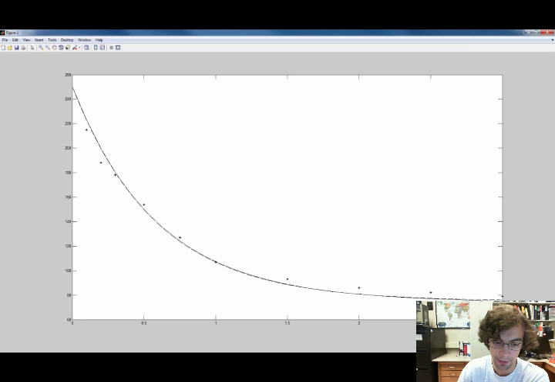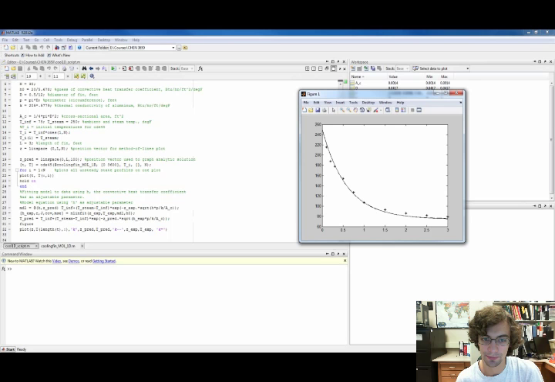I can increase the size of this, and you should be able to see that there's a solid line and a dashed line. The dashed line is the analytic solution. That's the dashed line where we plugged in the h that we performed a regression on.